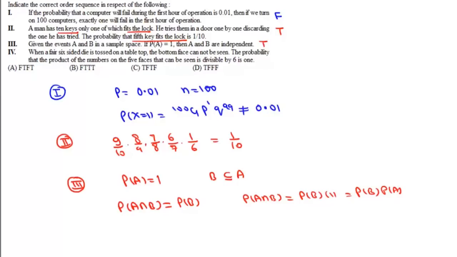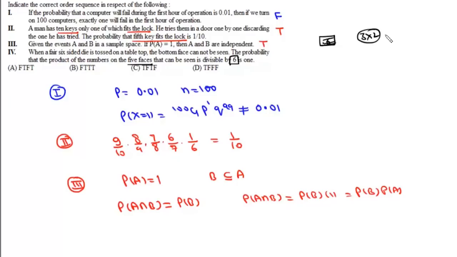Now the fourth part is, when a fair six-sided die is tossed on a tabletop, the bottom face cannot be seen. The probability that product of number on the 5 faces that can be seen is divisible by 6 is 1. Now, if the bottom face, which is not visible, it is 6, then too we have 3 into 2 in the product.